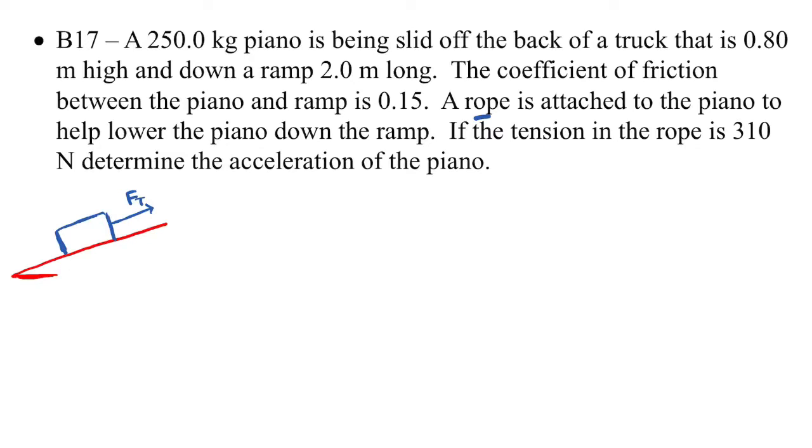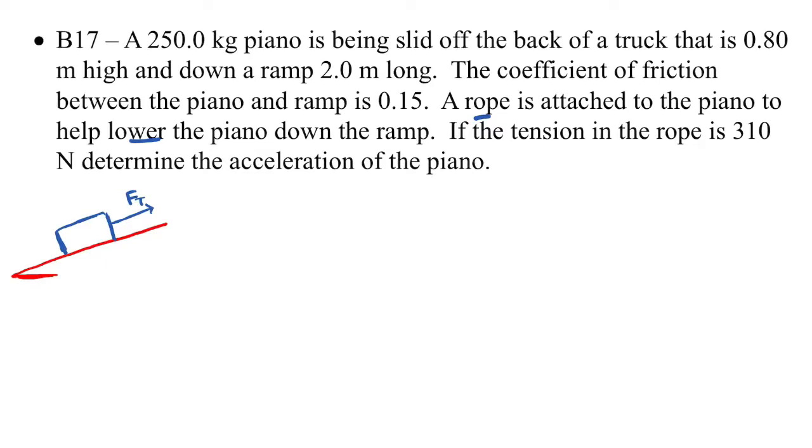So it's being slid off the back of a truck that is, okay, blah, blah, blah. Coefficient of friction. Okay, so here's a question. Which way is friction moving? So remember, which way is the piano actually moving? It is moving down the incline, because they are trying to help lower the piano down the ramp. They're not lifting it up the ramp. They're just helping to lower it.